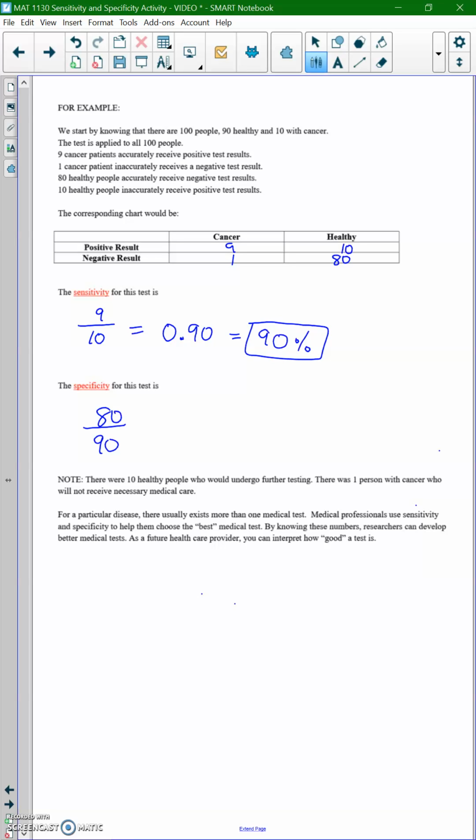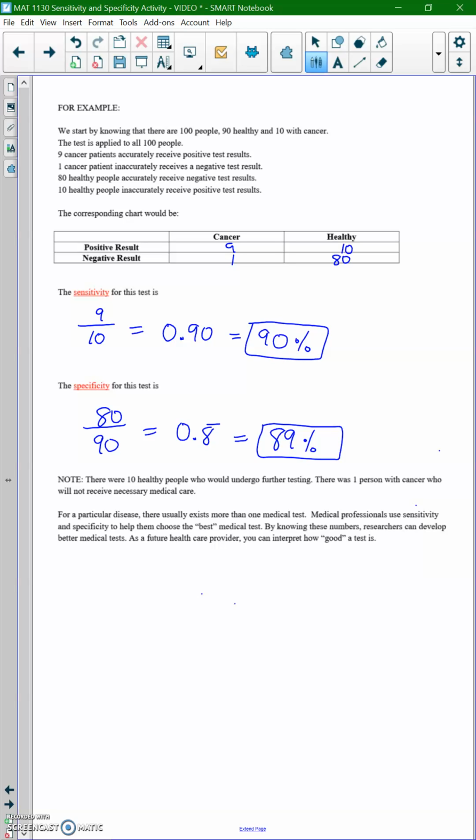So if we take 80 divided by 90, we get 0.8 repeating, which gives us approximately 89%. So what the specificity here is telling us is that 89% of healthy people, when they are given this test, are going to test as healthy.